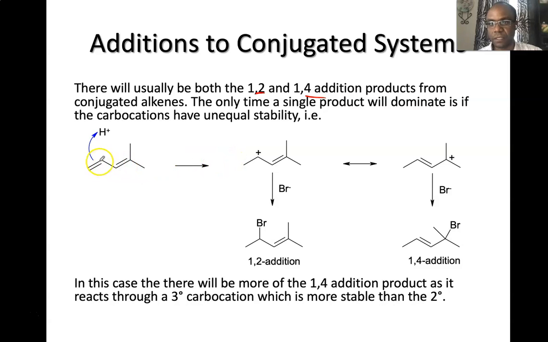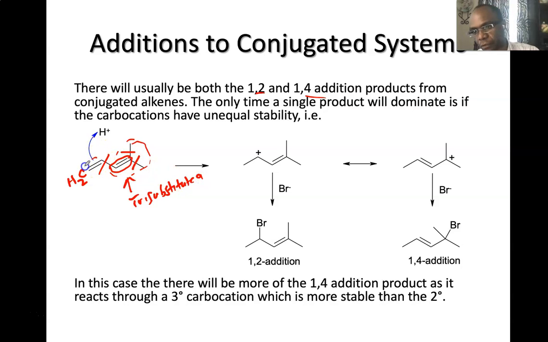Now, look at these double bonds. This double bond right here is less substituted than this one. See how this double bond is surrounded by an R group there, an R group, and an R group. So it's tri-substituted. The only R group I see across this other double bond is the rest of the molecule to your right. So this double bond right here is mono-substituted.